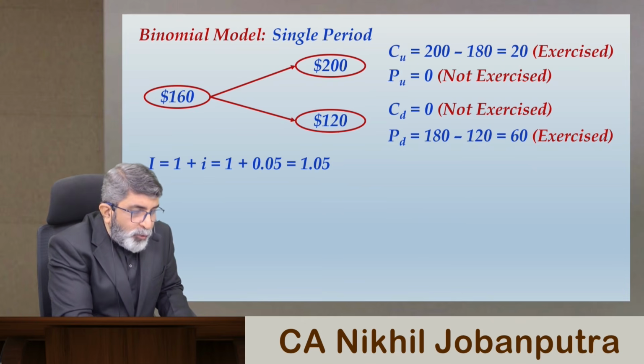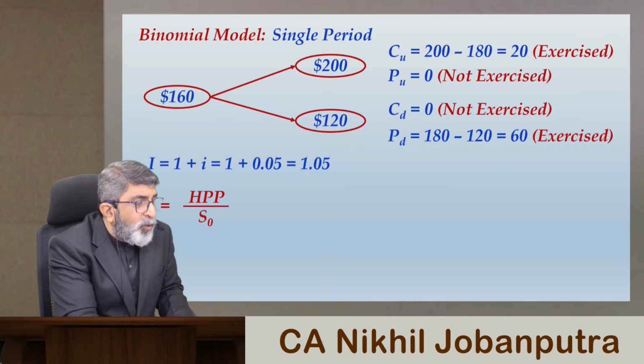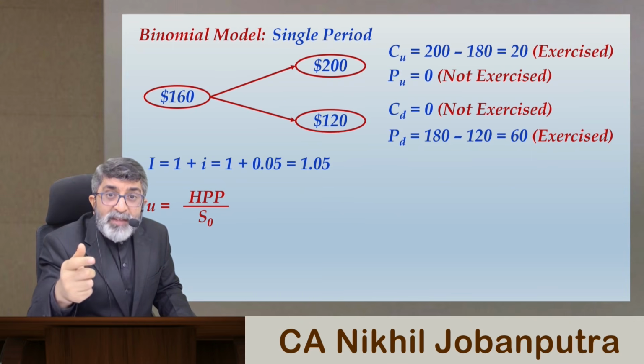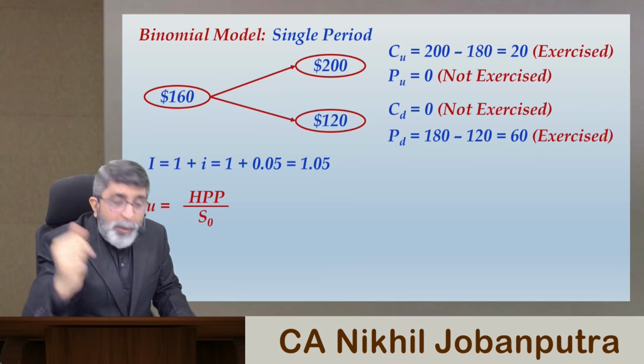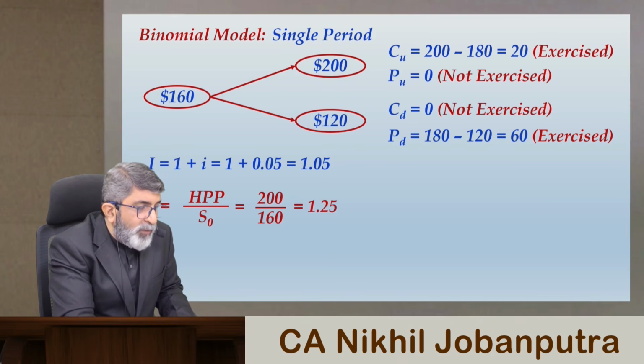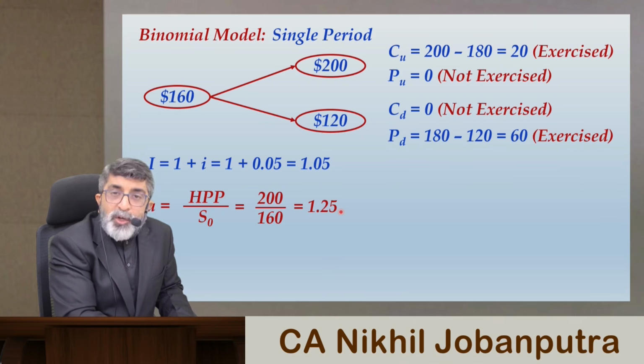Now we have to also find the up move and down move. The factor for the up move will be the higher probable price, which can also be symbolized as SU, that is the spot price when the price goes up. So SU divided by S0, or HPP divided by S0, gives you the up move factor of 1.25.